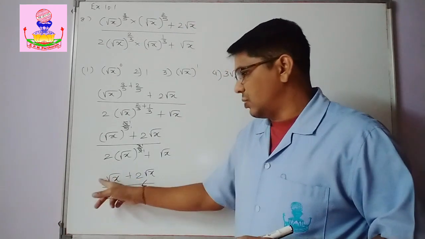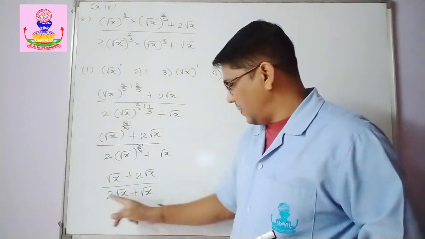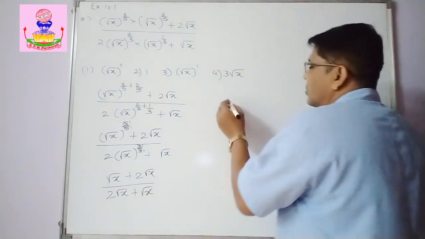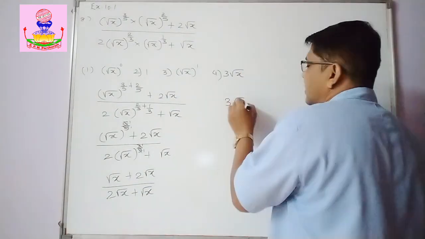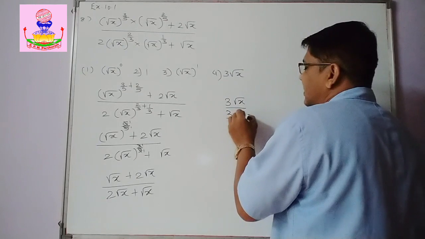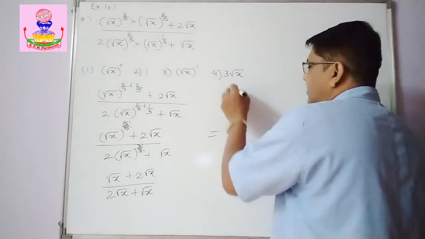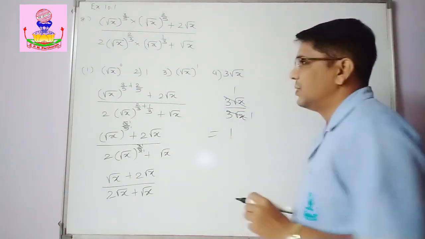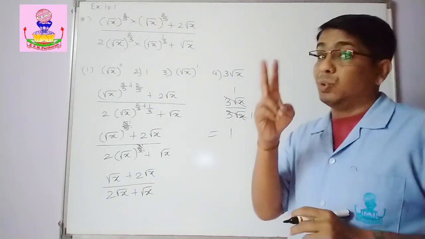Now 2 plus 1, 3 root x. So 3 root x upon 3 root x gets cancelled, so it is 1. Now you are supposed to choose two alternatives.